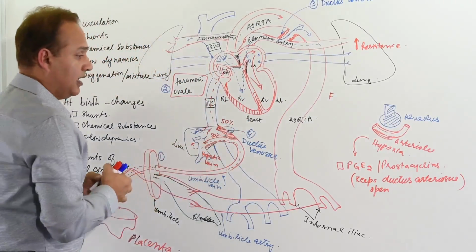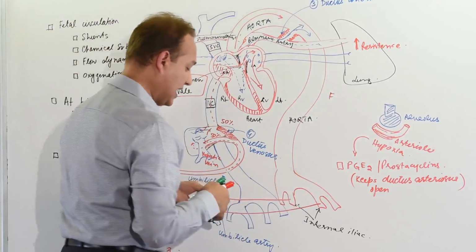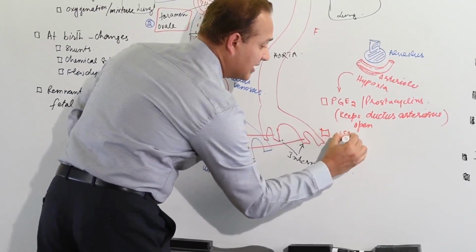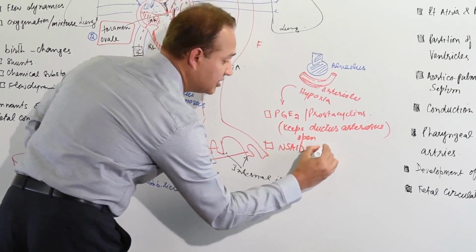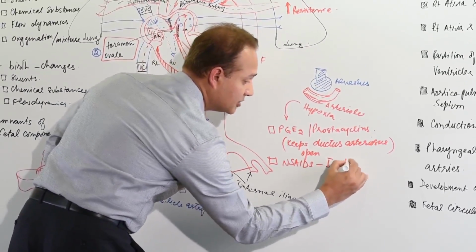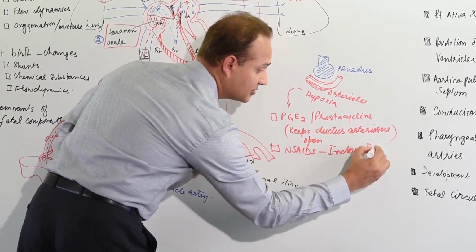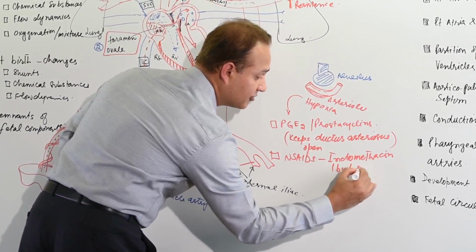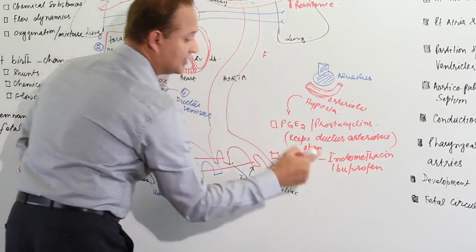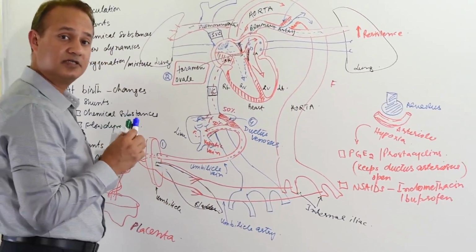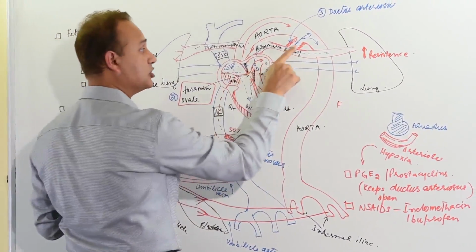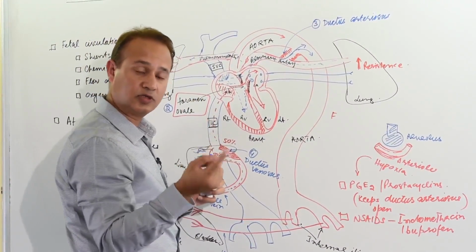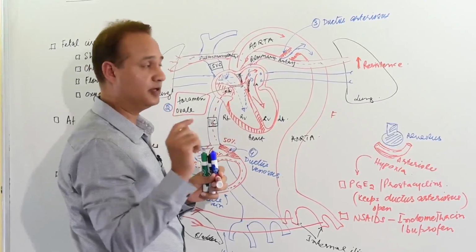Okay, so prostaglandins and prostaglandin inhibitors, that is NSAIDs, for example indomethacin and even ibuprofen, the inhibitors will cause the ductus arteriosus to close, and prostaglandins would cause the ductus arteriosus to stay open.